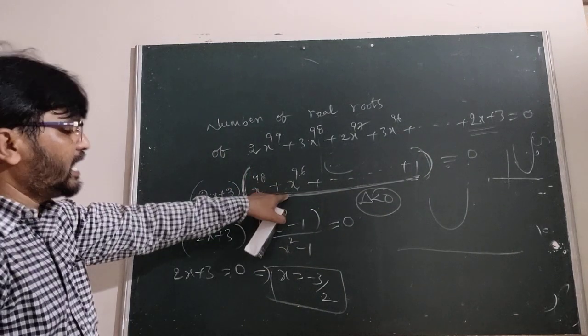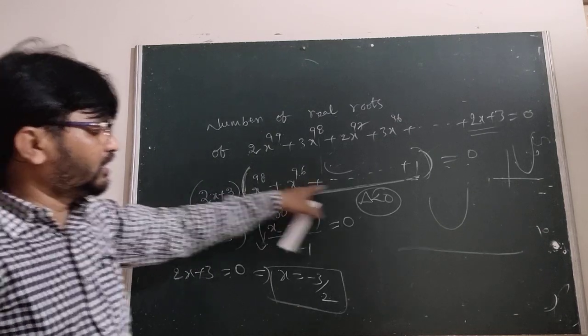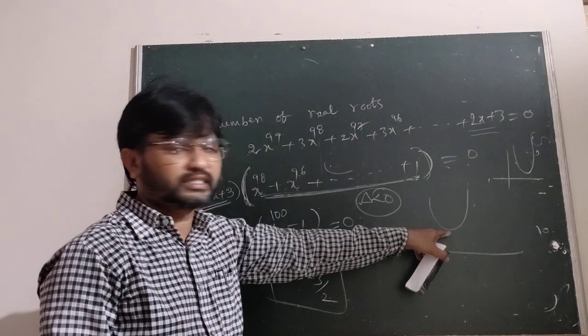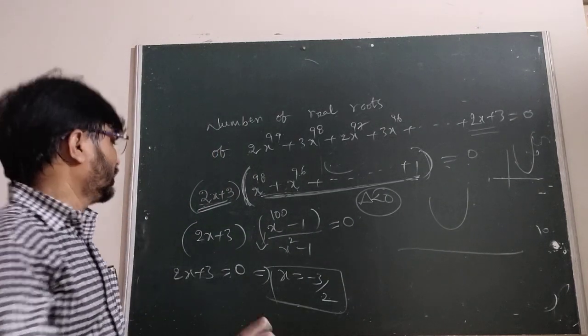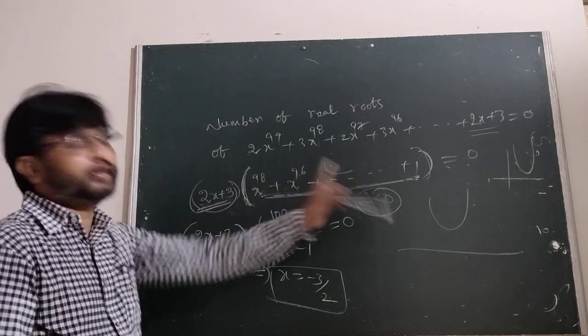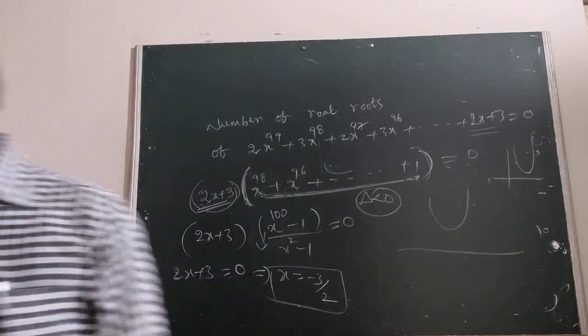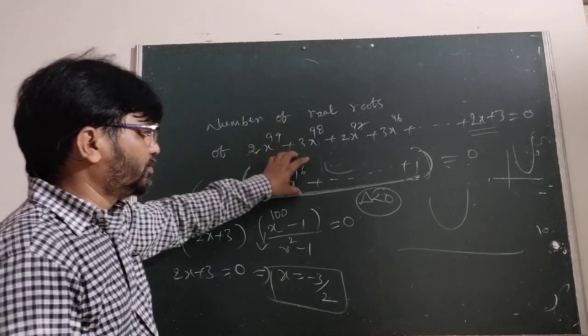That's why it has no real roots, and the graph completely lies above the x-axis. It has imaginary roots. Therefore, clearly, only 2x plus 3 equal to 0 gives one real root in this case. Why? Because this other part completely lies above the x-axis, its discriminant must be less than 0.